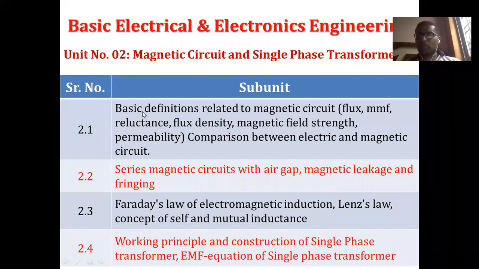Write in a bracket: flux, mmf, reluctance, flux density, magnetic field strength, permeability.